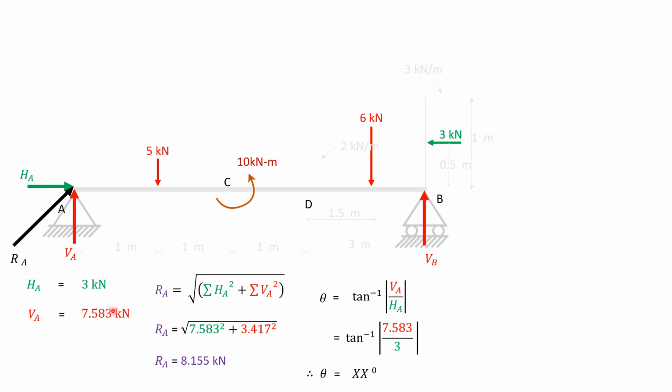So we get the RA value by square root of summation HA squared plus summation VA squared. Substituting the HA value and VA value, we get RA, and theta we get by tan inverse of VA by HA. We get the theta value. We have to calculate this. This is homework.